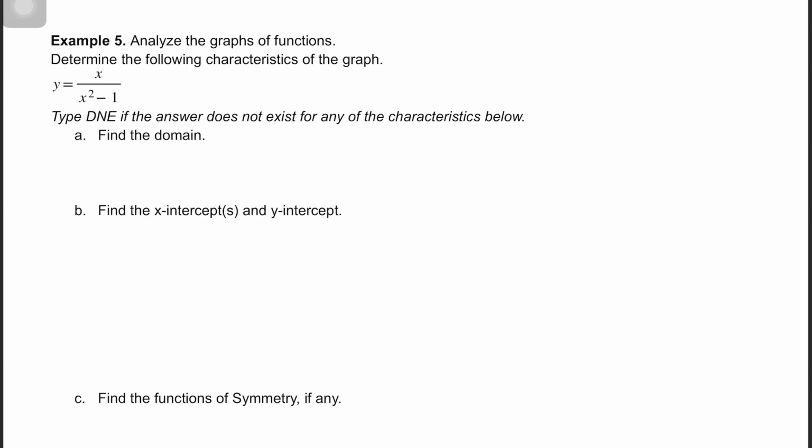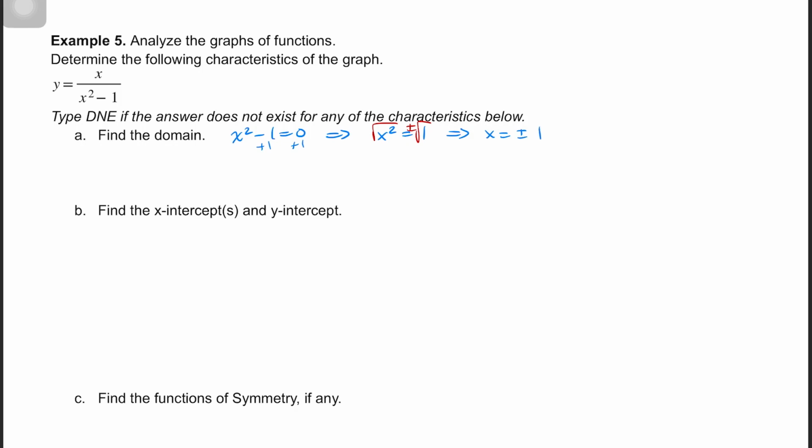So basically, it will happen whenever x squared minus 1 is equal to 0, which happens when x squared equals 1, by adding 1. And then this follows by taking the square root on both sides of the equation, plus or minus. This will give us x equals plus or minus 1.